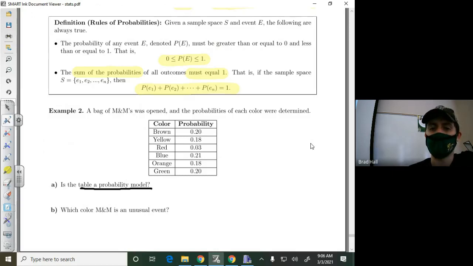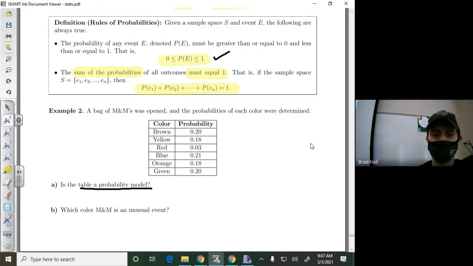So what that means is, does this table follow the rules of probability? Are all the values within 0 and 1 inclusive? They all seem to be within 0 and 1. So it passes the first one that I just checked at the top of the screen here.